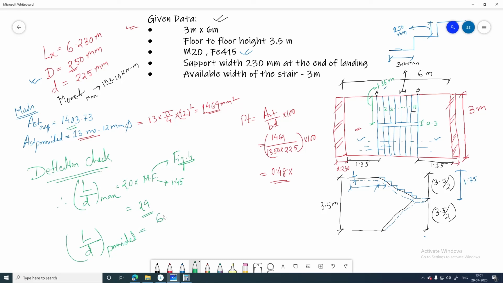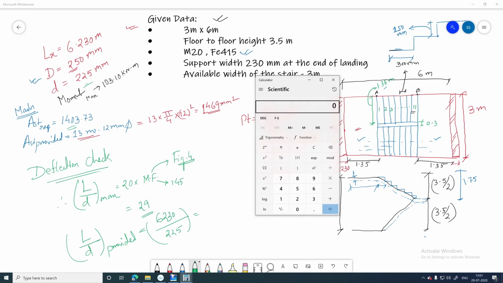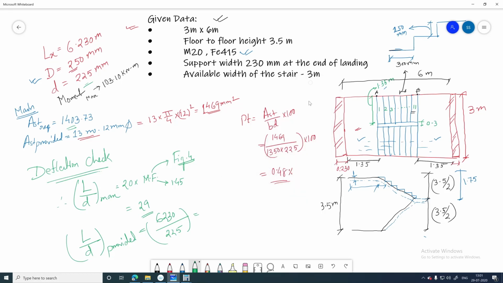The L value is 6230 and D is 225, right? Let's calculate the value. It is 27.68, which is less than 29. So hence it is okay.